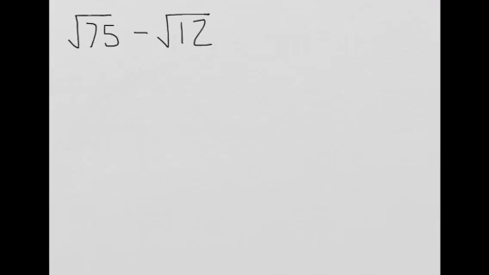One last version of this would be if we first need to simplify the square root and then add or subtract. So here we have square root of 75 minus the square root of 12. So we're going to factor 75 and get 5 times 15, which can be divided into 5 times 3.